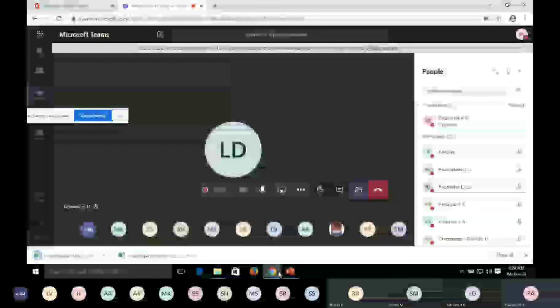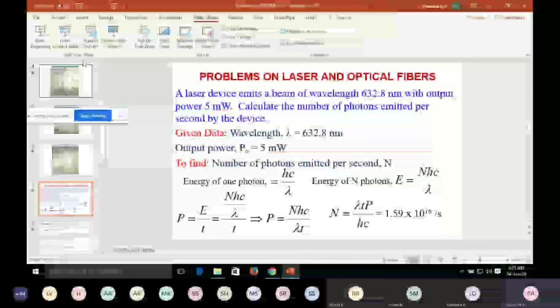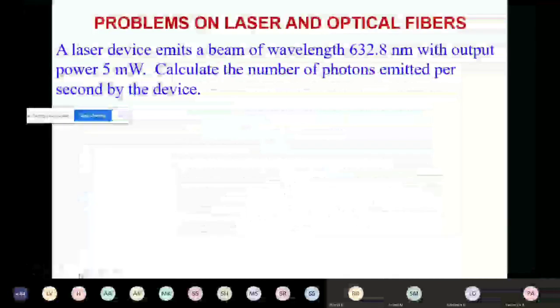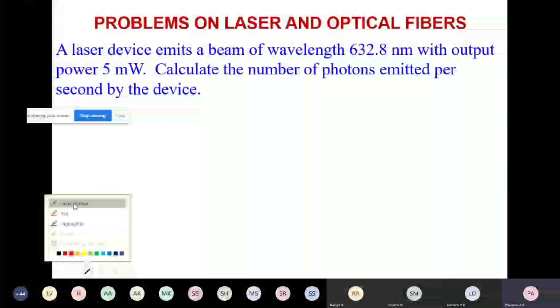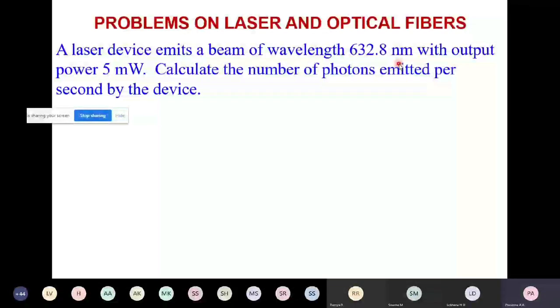I was talking about the problems. Here I have given that a laser device emits a beam of wavelength 632.8 nanometer with output power 5 milliwatt. Calculate the number of photons emitted per second by the device.